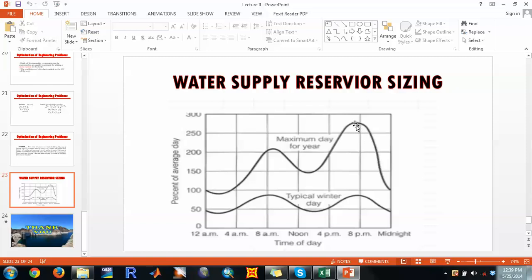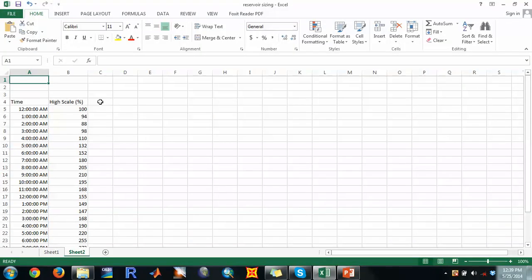So you can see this is the maximum percentage, which reaches like 275. So let's see our data as a ratio of the maximum demands. So sorry, in a form of percentage to maximum demand. Okay, percentage to maximum demand.